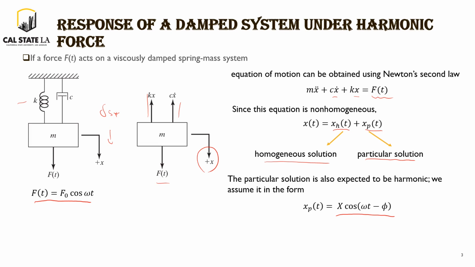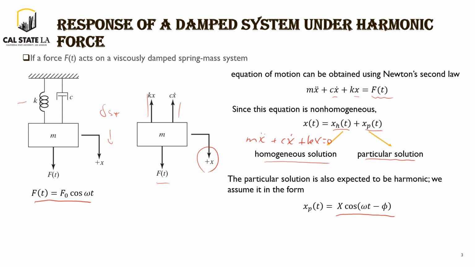Since this is a damped system, we know that the response corresponding to the homogeneous solution will die out eventually. So x_h is related to the part m x double dot plus c x dot plus kx equal to 0. Any initial-condition excited vibration will die out eventually.